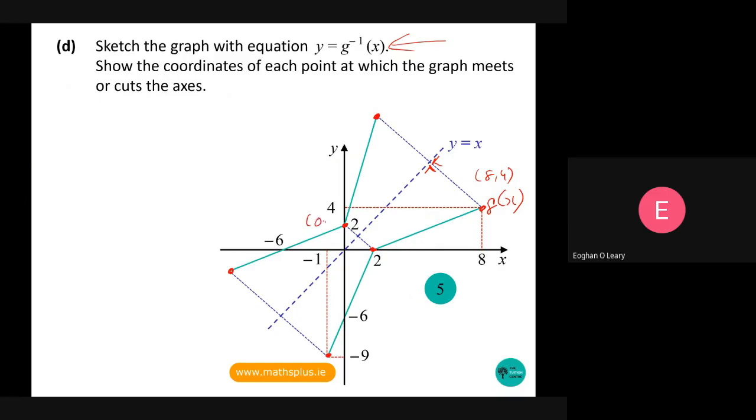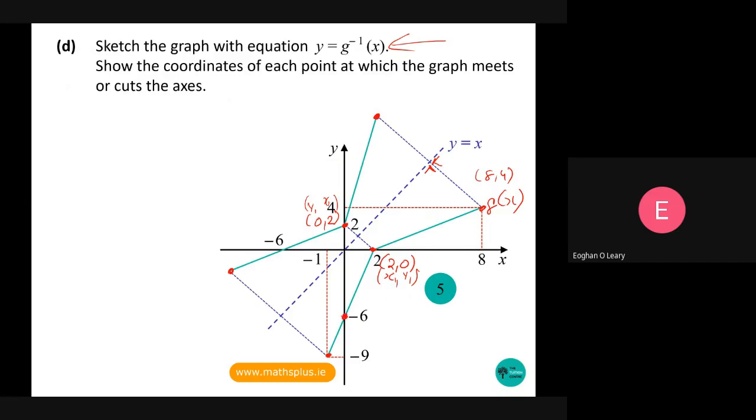I have the point 0, 2, where it's going to cross my y-axis, because I know that when I go from a function to its inverse, the x's and the y's switch place. So if I call this one x1, y1, you can see that they've switched place over here to be y1, x1.